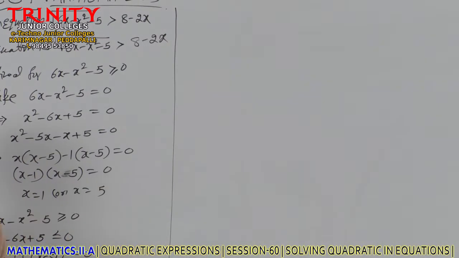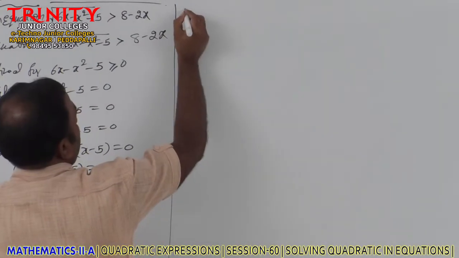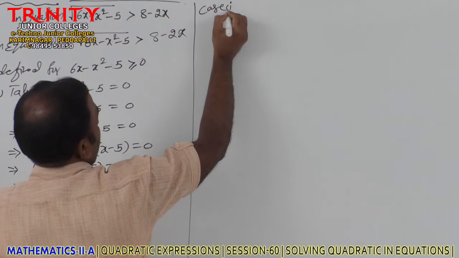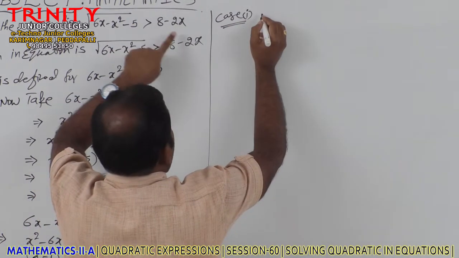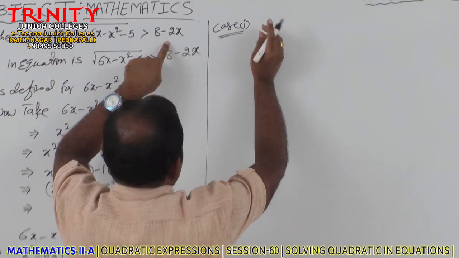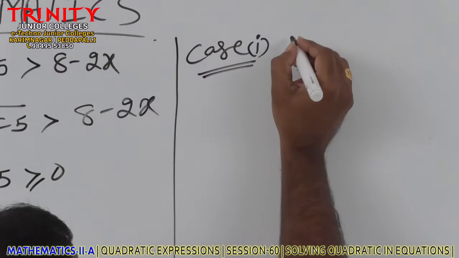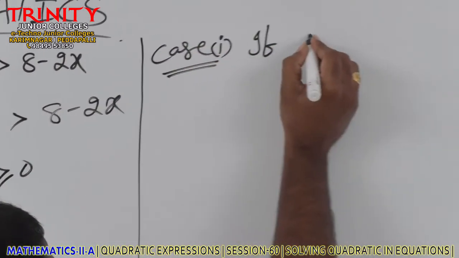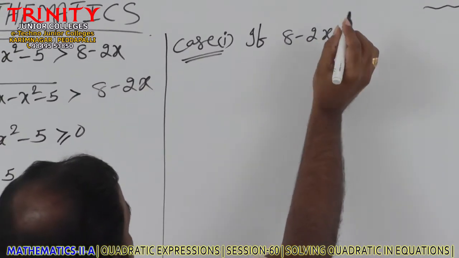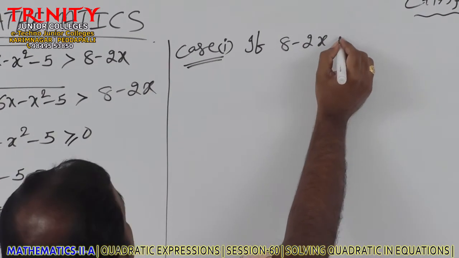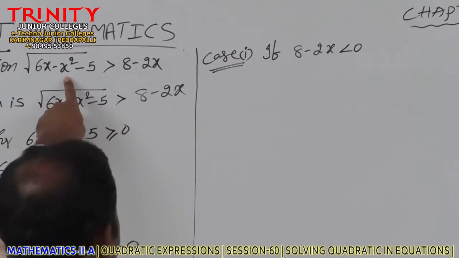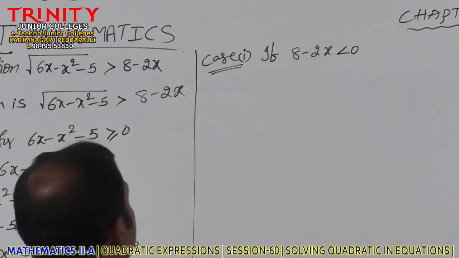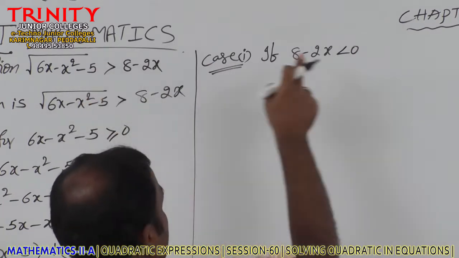Here we have two cases. Case 1. This one is defined when it is greater than 0 or when it is less than 0. If 8 − 2x is less than 0, then also, this root is always greater than 0, so it becomes greater than only.